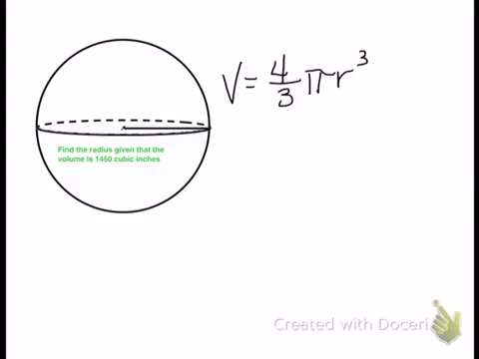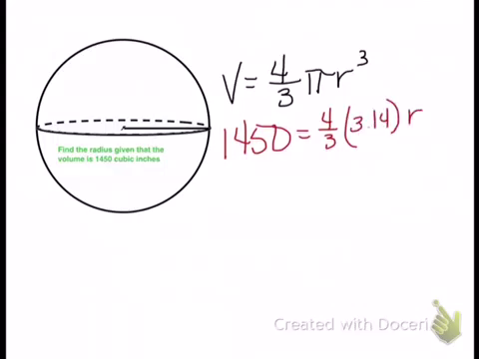So I'll make a note that step 2 is to do some substitution. My first substitution is for volume, which I know is 1450. And I will keep my 4/3. And where pi is, I will substitute 3.14. And I'm looking for my radius.